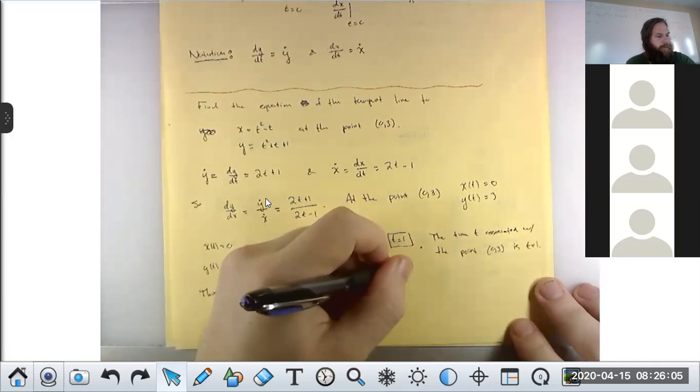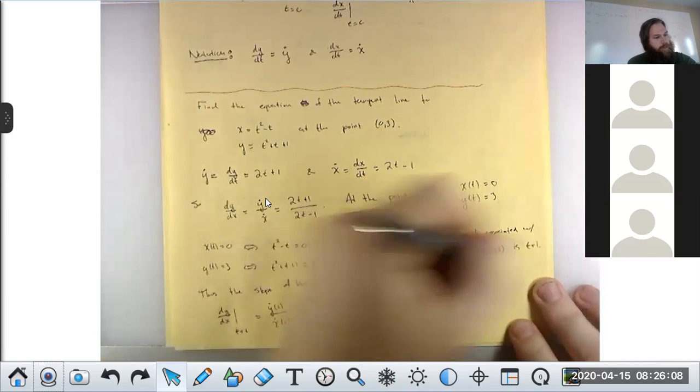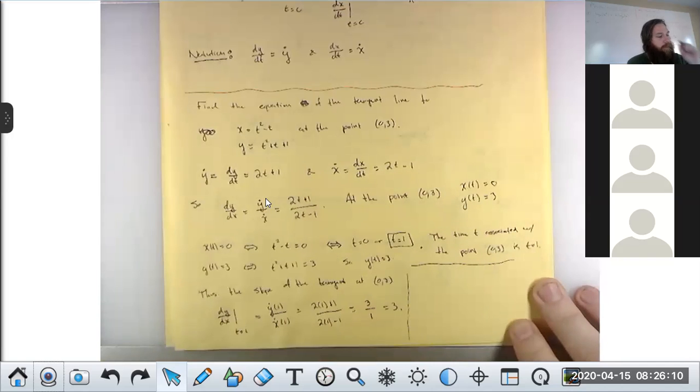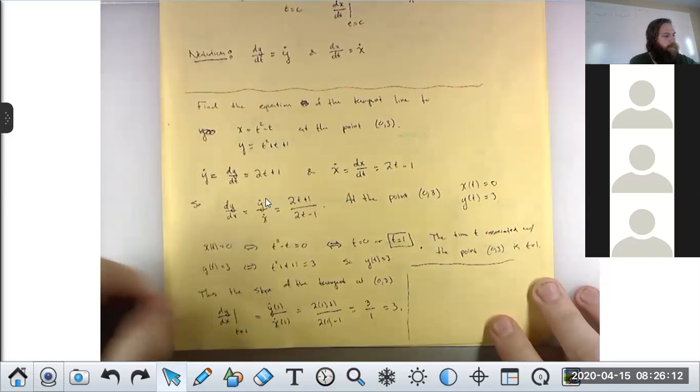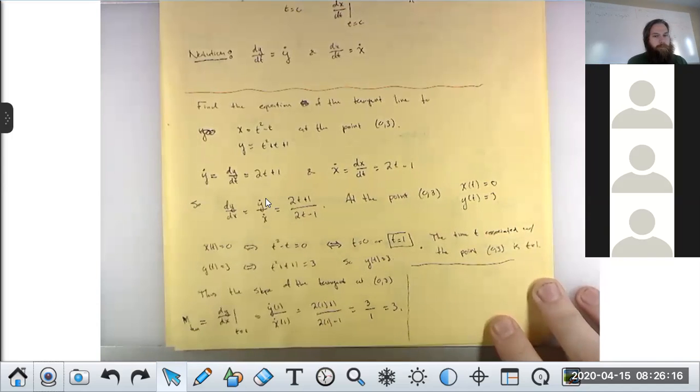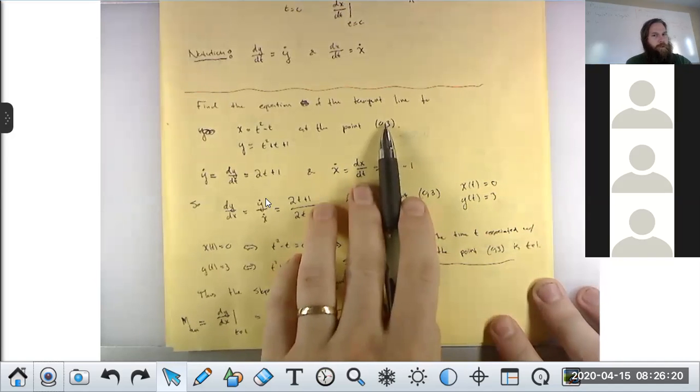Finally then, this is the slope of my tangent line, right? And the tangent line has to go through this point.